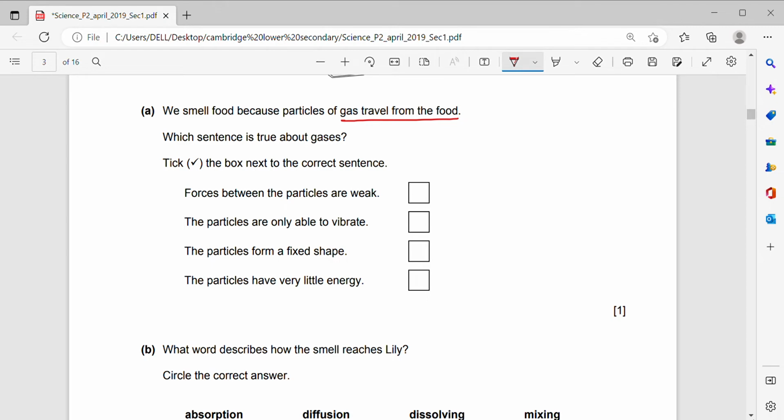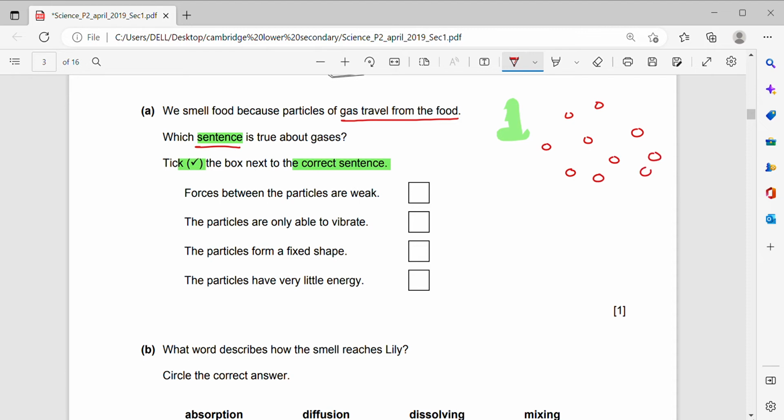Which sentence is true about gases؟ قال لي هنا which sentence يعني I should tick the correct sentence. Only one. عايز واحدة بس. طيب. Forces between the particles are weak. هنا السؤال بيقول لي ليه يعني smell in food حصل in particles of the gas traveled. يبقى عندي particles هنا traveled.